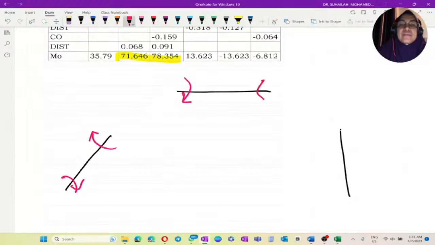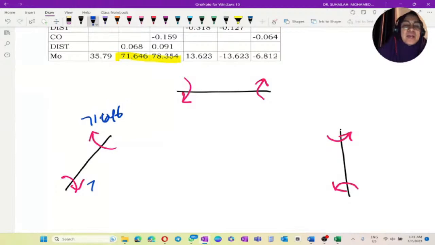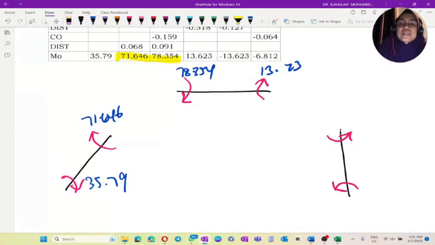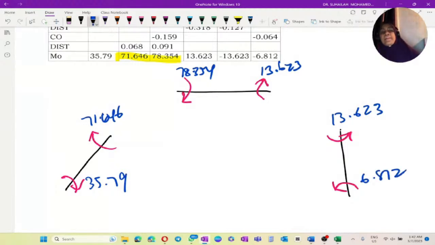Then we have 13.623, 13.623. And negative 6.812, negative 6.812.